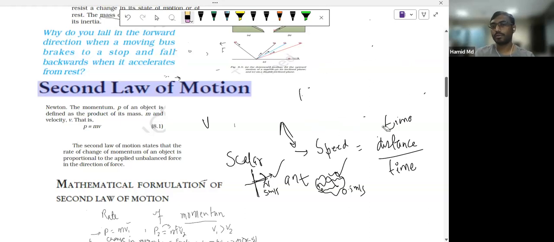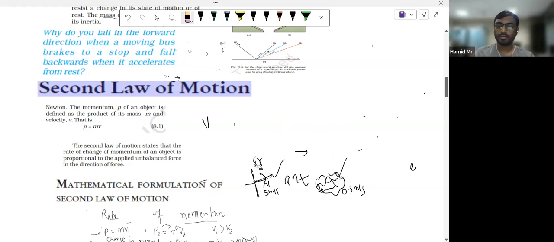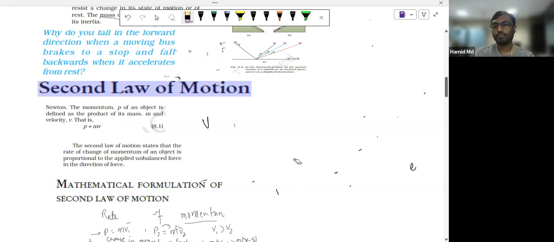Average velocity is about how fast. What about instantaneous velocity? Instantaneous speed is about how fast an object is moving.